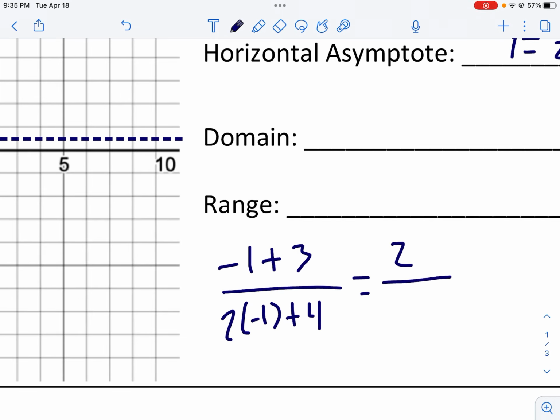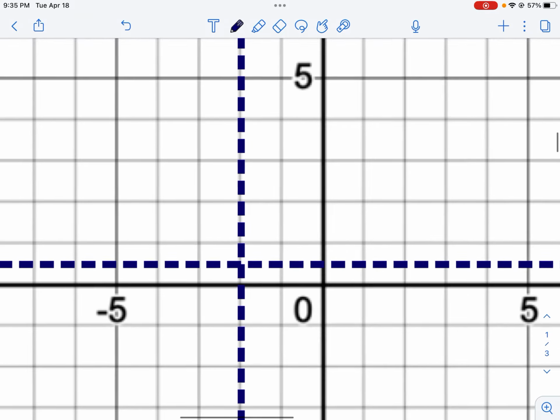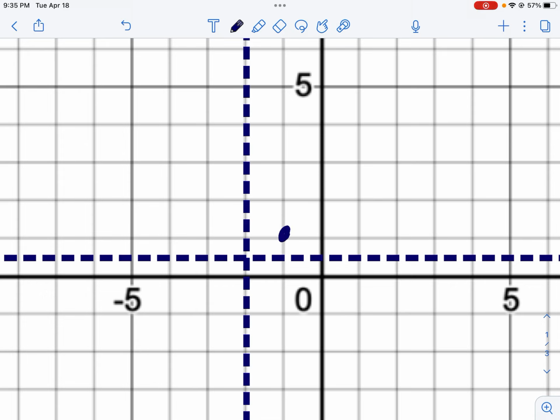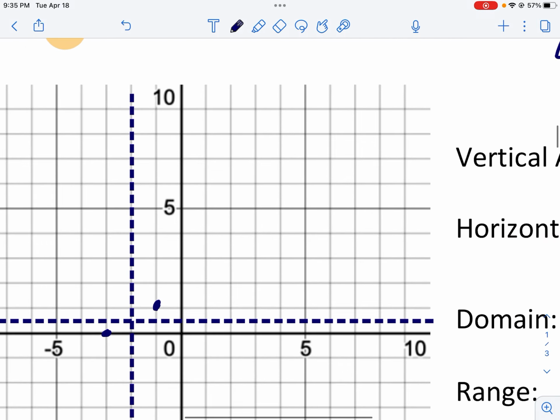So that gives us 2. On the bottom, we've got -2 plus 4, which is 2. So this is 1. All right. So that will be at -1, 1, which is going to be just right here, which is actually only up by a half. So that means on the other side, it'll be down by a half. So very close there.